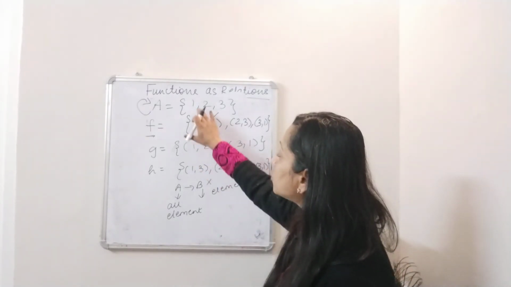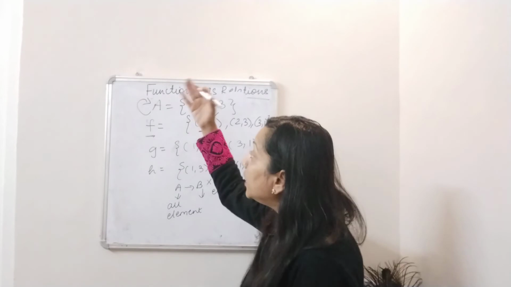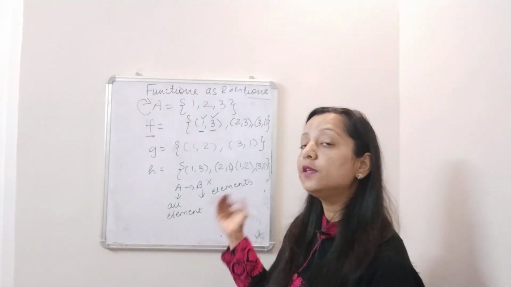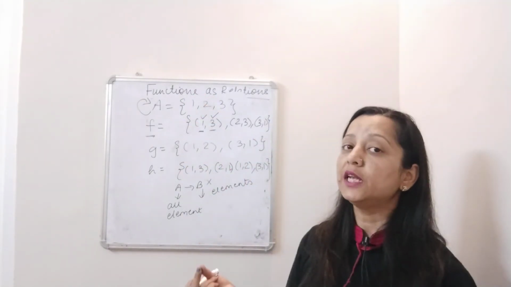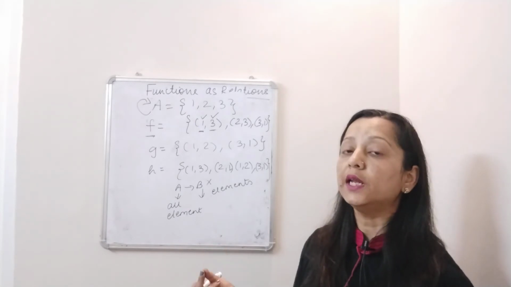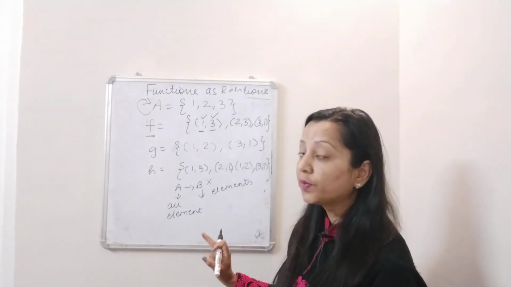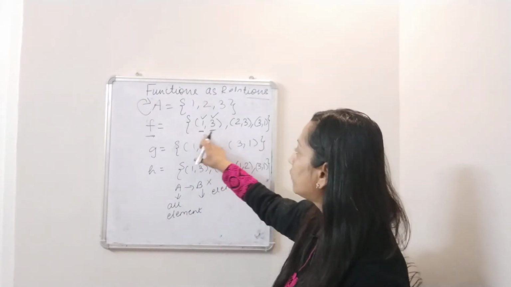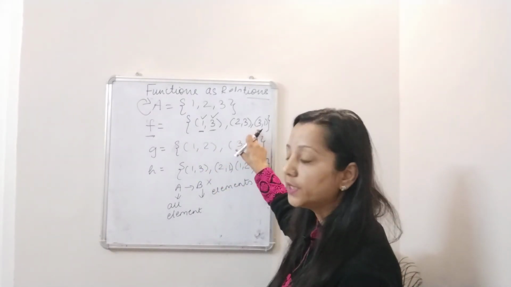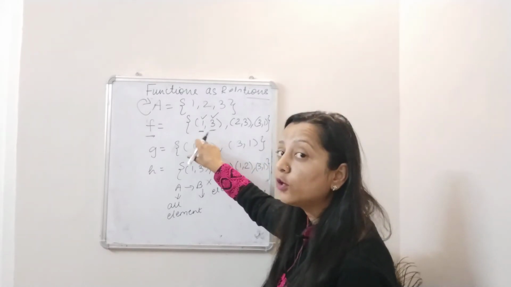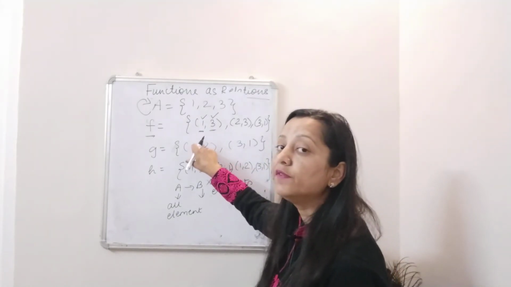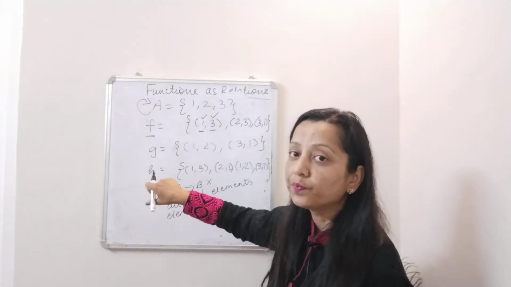Now, when I am talking about a function from set A to itself, that means in the coordinate pair, the first element will also be from set A and the second element will also be from set A. But what we have to keep in mind here is that the first element of set A is the one which will be assigned the value.